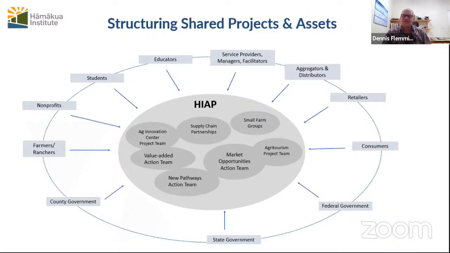So HIAP is being incorporated as a 501(c)(6) business league, which is a nonprofit and enables it to function as a legal entity, but rather a legal entity that is an umbrella under which a number of fairly independent teams and projects can take place. So they've got this special purpose vehicle to be able to use.